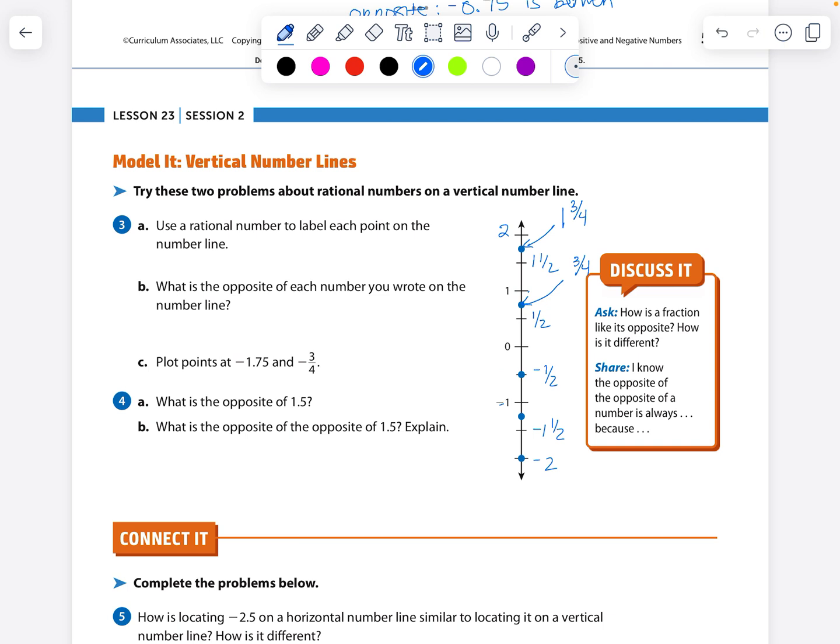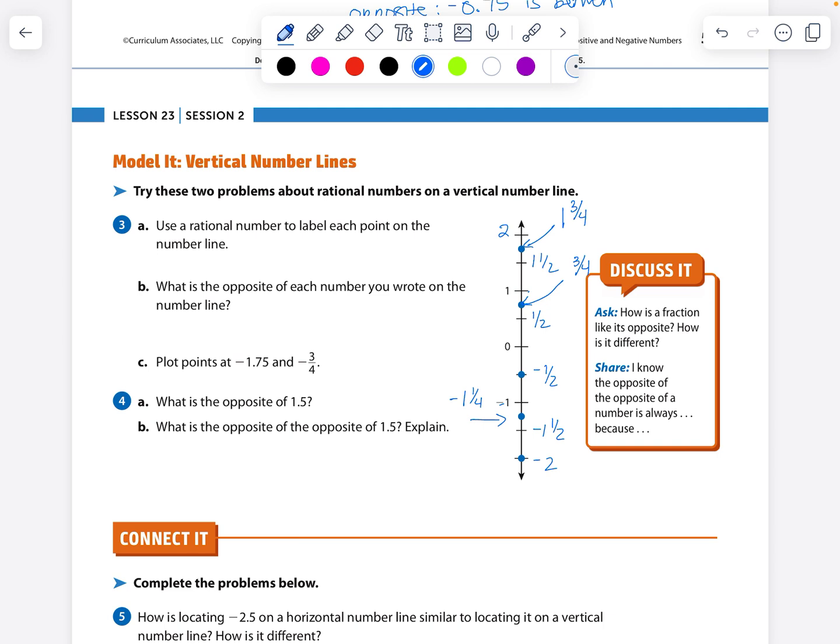Between -1 and -1/2, though, is going to be -1 1/4. And then we already labeled the -2 there. So, all right. So basically, we really need to know our fractions in order to do this.